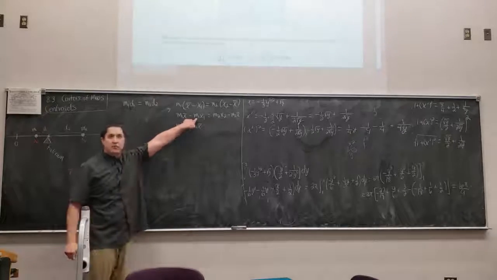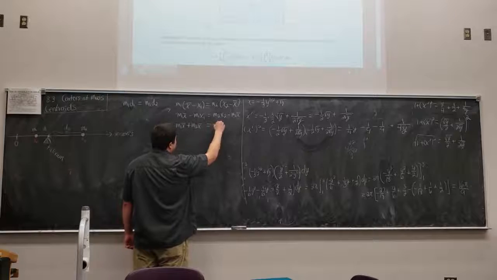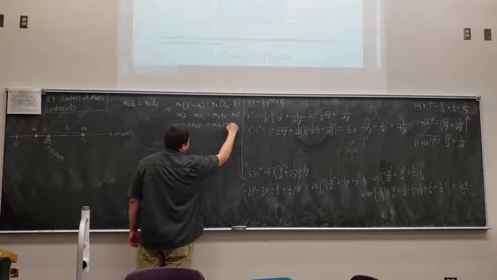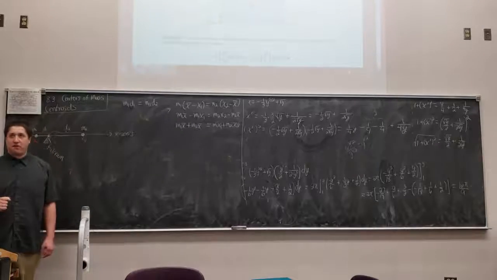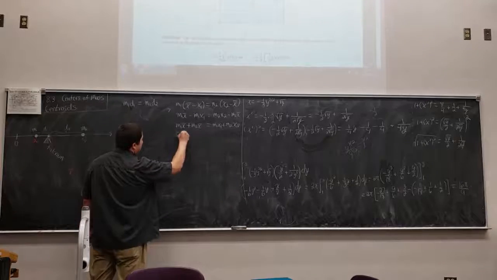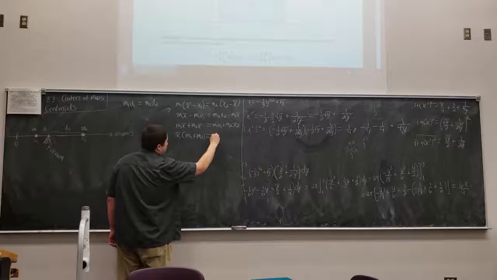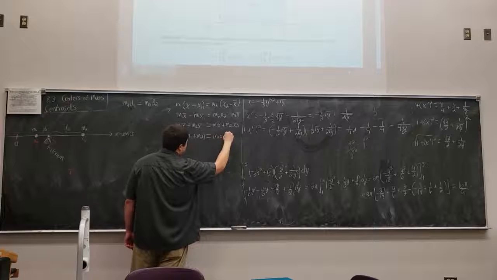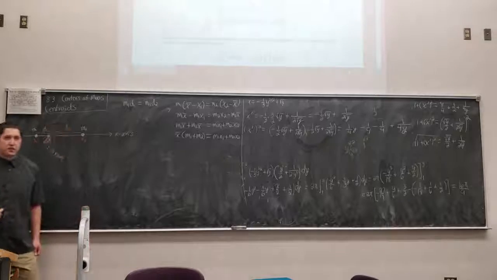Let's also add mass 1 times x1 to both sides to get m1 x1 plus m2 x2. Okay, so far we're on the right track. We can factor x bar out, multiplied by mass 1 plus mass 2. Then that would be set equal to mass 1 times x1 plus mass 2 times x2. And we're just a division away.